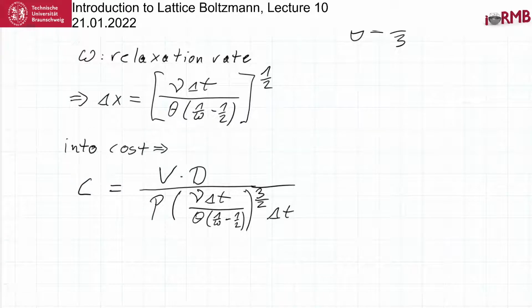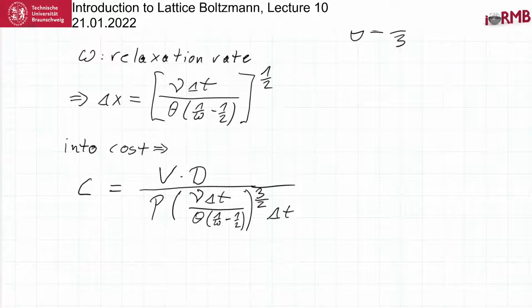So what do we see? This cost will be minimal, or will actually be 0 if omega is equal to 2.